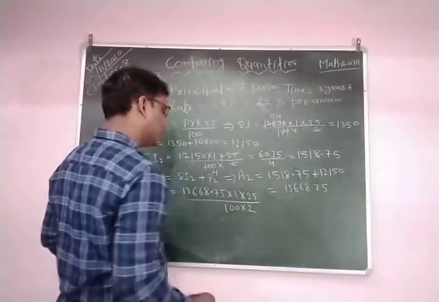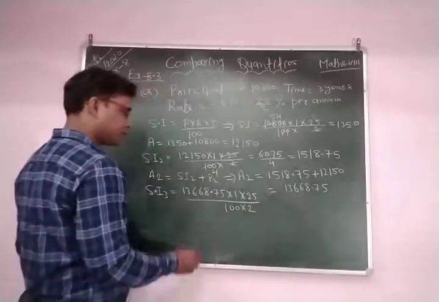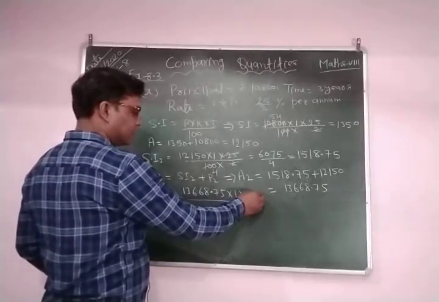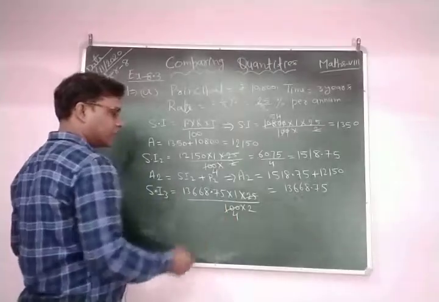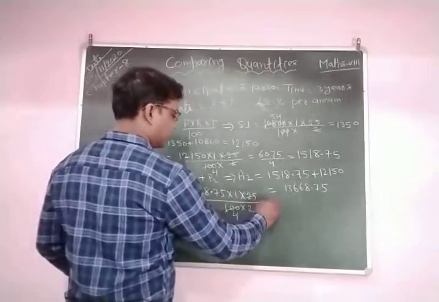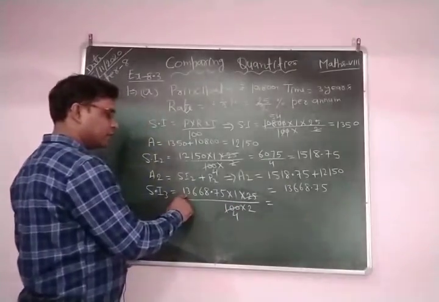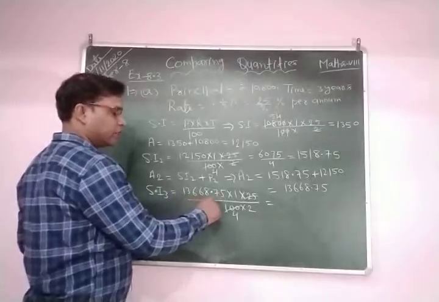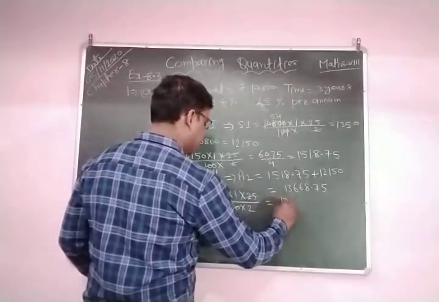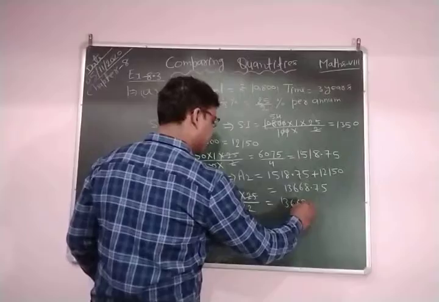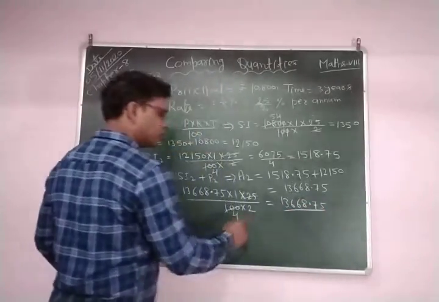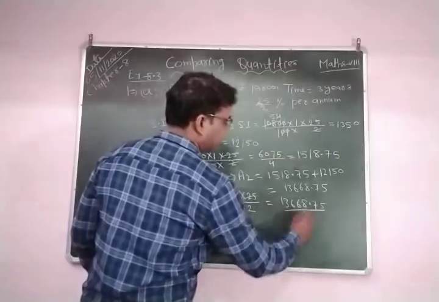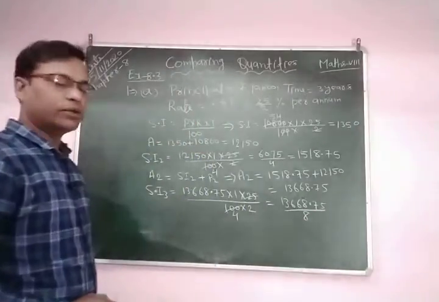Okay, so you can cancel it, 25 for the 100. Clear now? So we have 13,668.75 divided by 8. Clear?